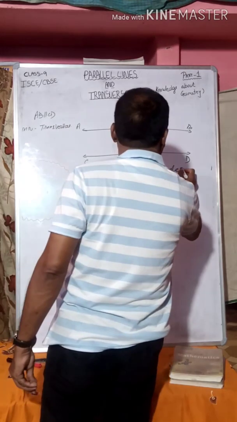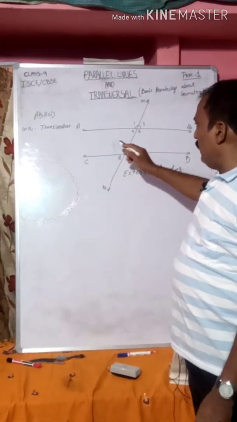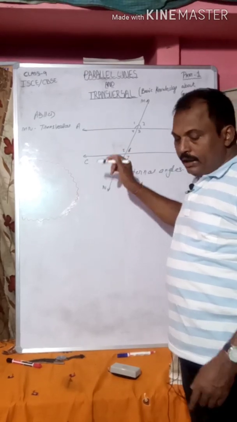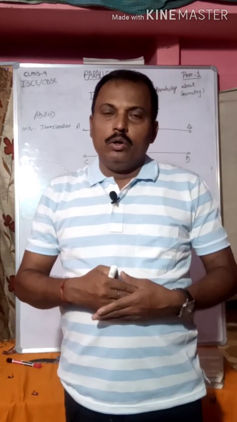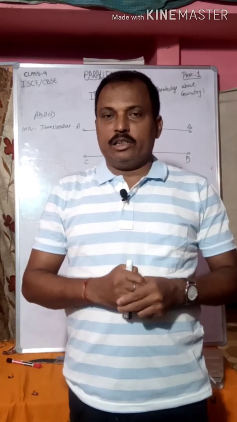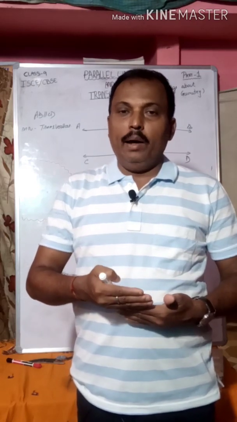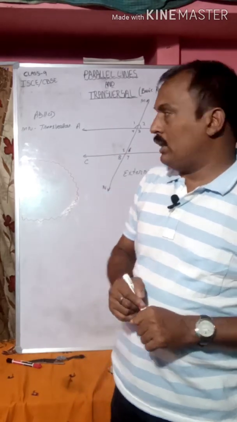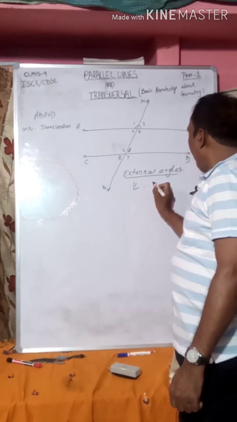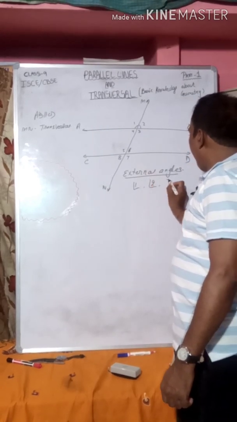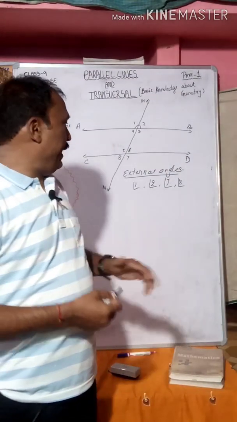What are external angles in the transversal and parallel lines? The angles formed within AB and CD are interior angles. But the angles formed outside AB and CD are exterior angles. So what are the exterior angles? Angle 1, angle 2, angle 7, angle 8. These are the exterior angles.